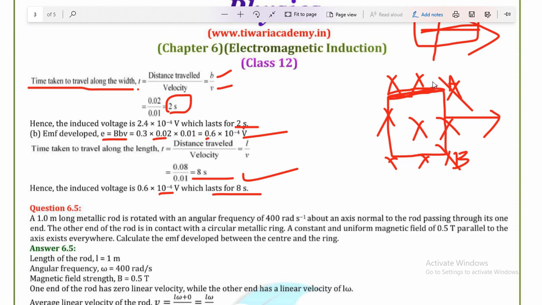And if you change the orientation by 90°, this becomes the distance for which it travels to move outside the magnetic field, and this one becomes the length of the loop. So this concept is used here to find the induced EMF and the time taken to travel along the length. Okay, so I hope you understand this concept.